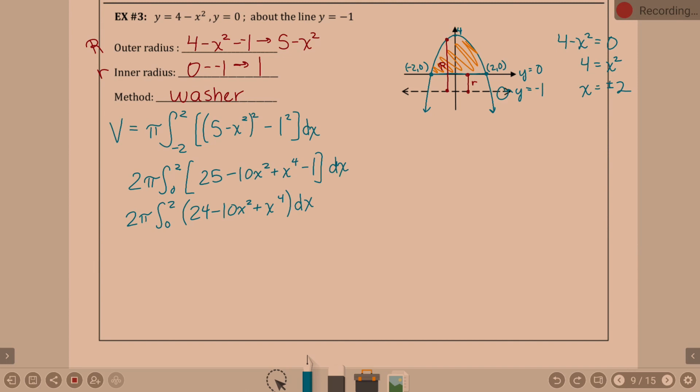Do I agree with myself? Once I subtract the 1, it's 24 minus 10x squared plus x to the 4th? Sure. Or am I doing the work and you're just copying? Not going to lie, today is the copy day. Oh my gosh, Mario.